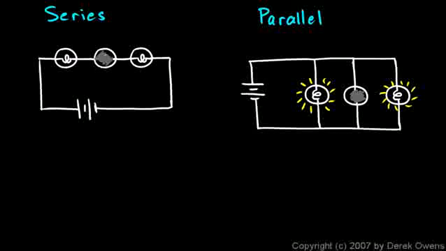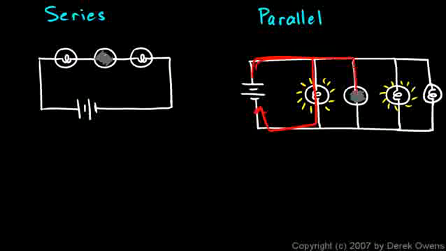In parallel, the opposite thing is the case. If you add more bulbs in parallel, suppose I come over here and add another light bulb over here. I've added an additional path through which current can flow. And this is like adding more lanes on the highway. There's now an additional path that the electrons can take, and the result is more traffic.